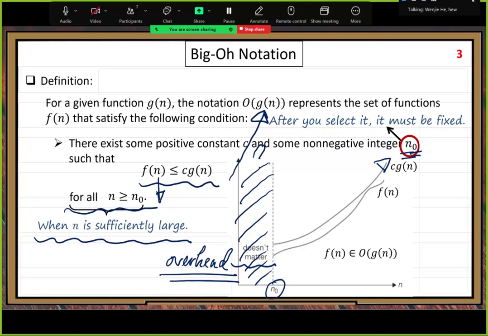So we move the vertical bar to an appropriate location, such that we can bypass the overhead part. After that, when the problem size goes bigger and bigger, and we compare the efficiency numbers, then it's important.